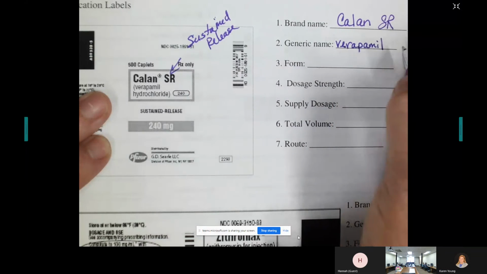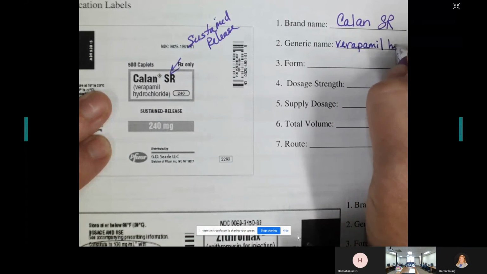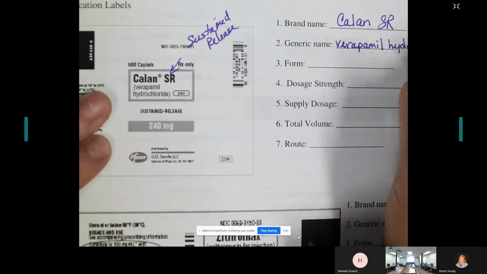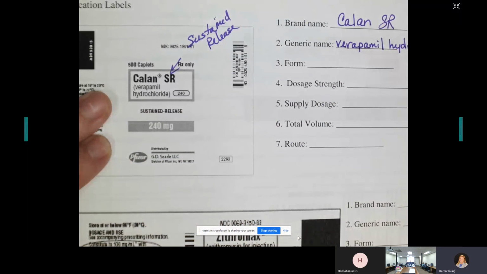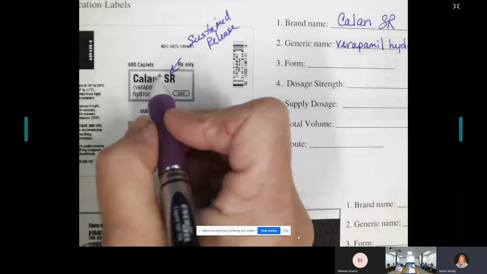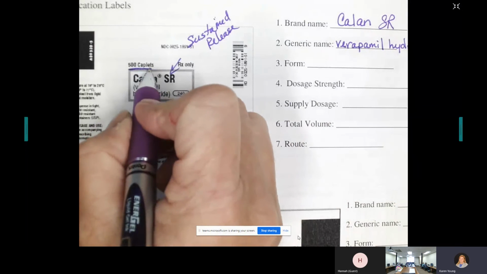Verapamil hydrochloride, okay. In our form, if you look up here, it says 500 caplets.